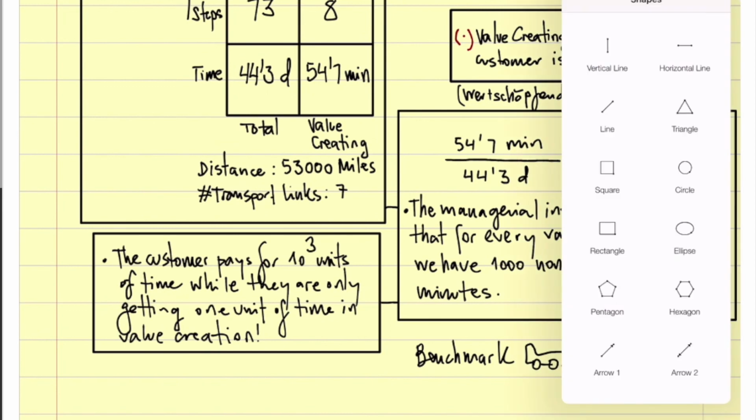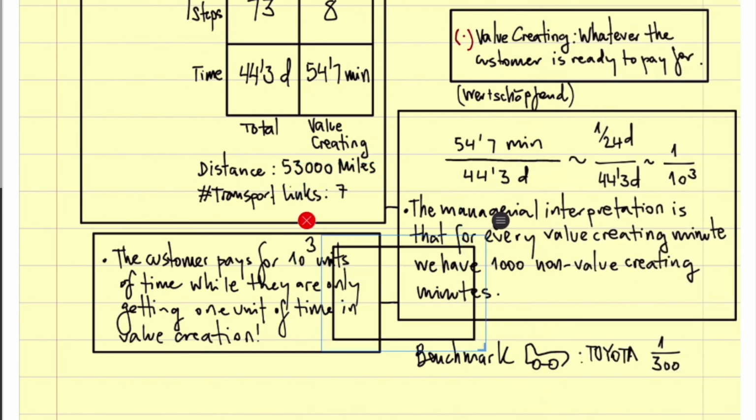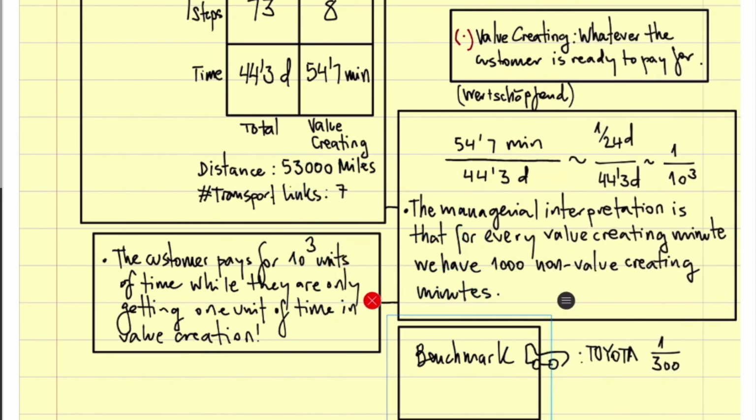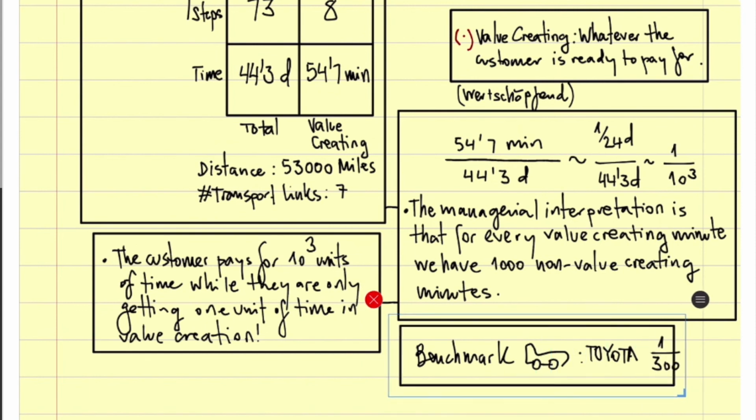This means that the best of the best have, for every value creating minute, 300 non-value creating minutes, which is still a lot, but is the best we have. So, questions so far?